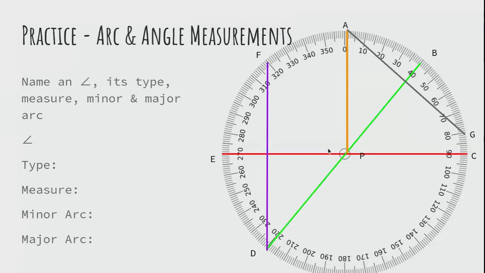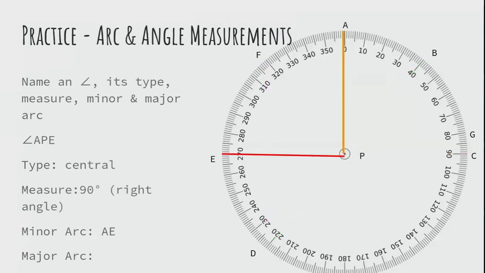I'm sorry, I moved the slide. We said A to E. So if you go from A to E as the minor arc, you started at A and you went to the left. That's the minor arc. So for the major arc, you have to start at A and go which way? The right way, yes, go to the right.